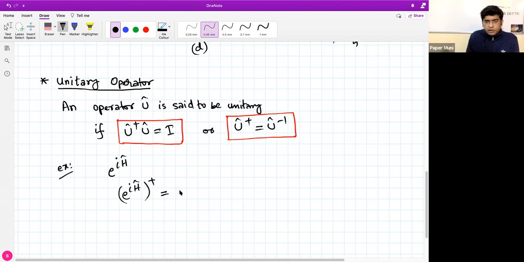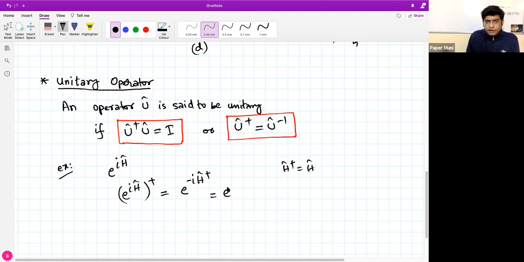If you take a dagger over an operator, it conjugates the function and puts a dagger on the operators. So in this case, this will turn to minus iota, and this is plus. Now, Hamiltonian operator is always Hermitian.